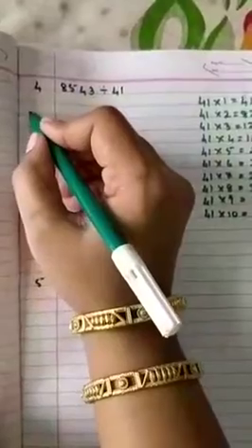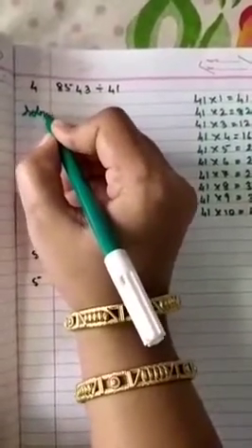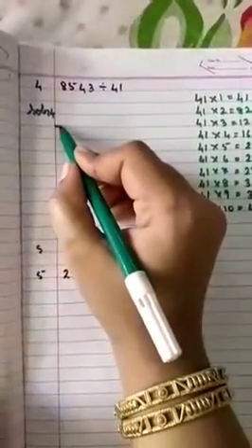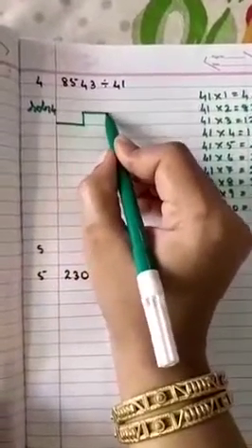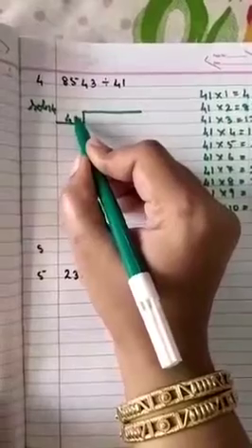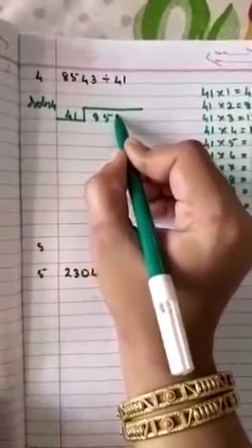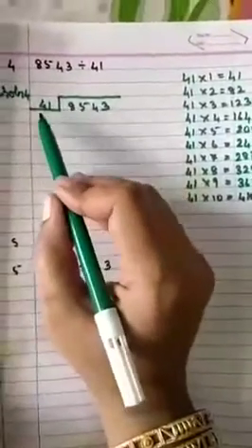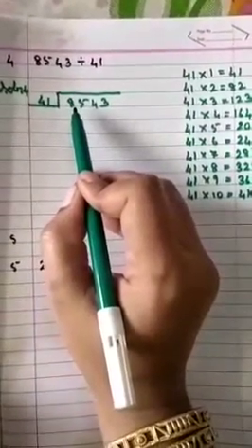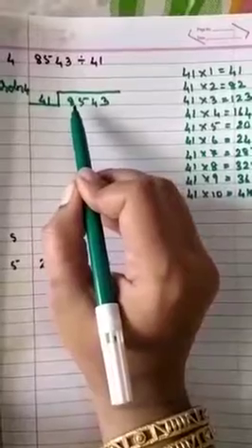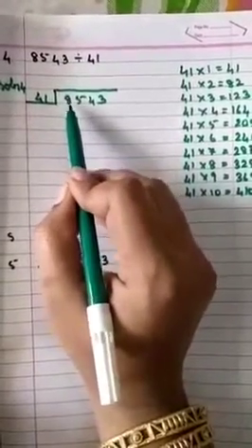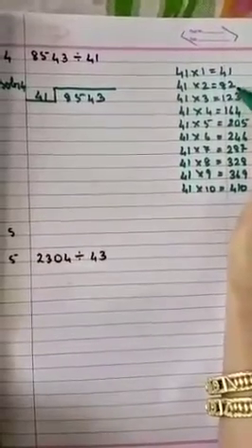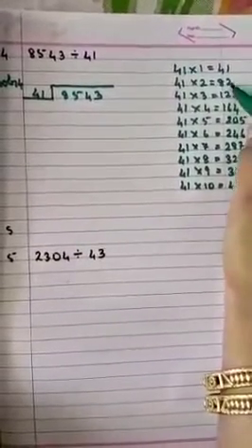Now we'll start with the sum. Here 41 will come, and here 8543. Understood? Two digits are there, so we see the first two digits, as 41 is less than 85. Any number less than 85? Here it is 82.